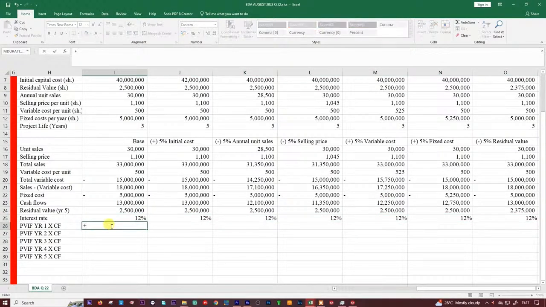So it's going to be plus the cash flow, and then we discount it against, open the brackets, 1 plus that value, close the brackets, power 1. Not times the cash flow, it's already been multiplied like that. So we enter.